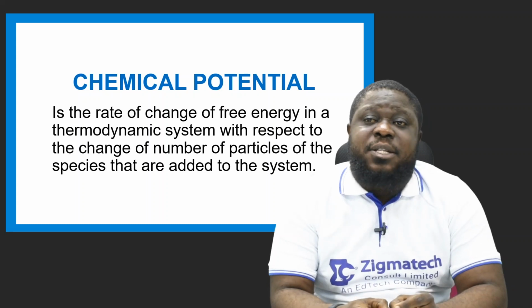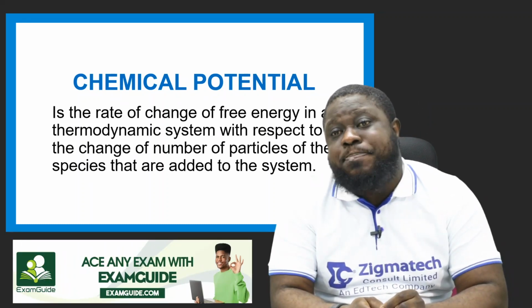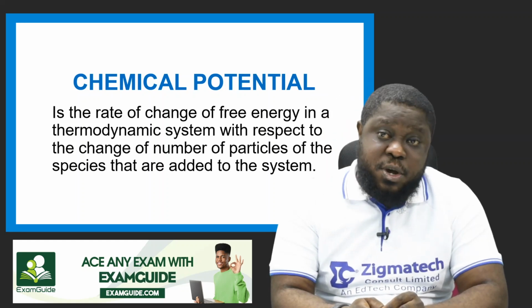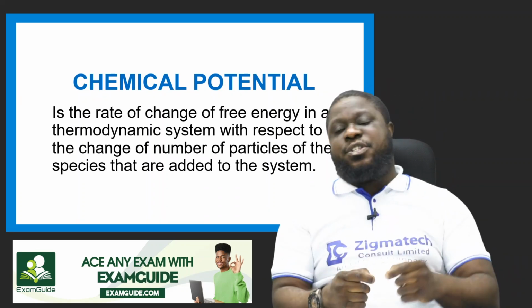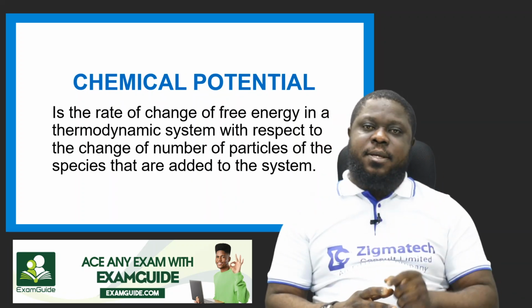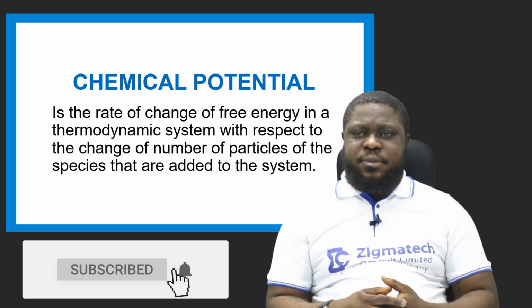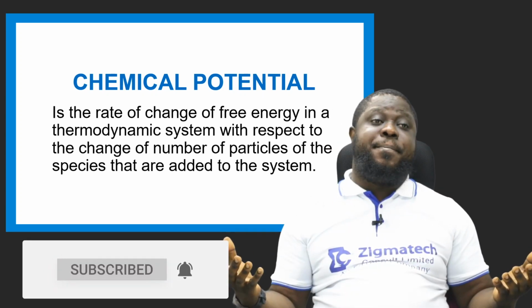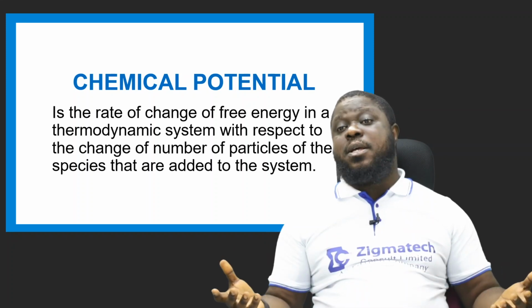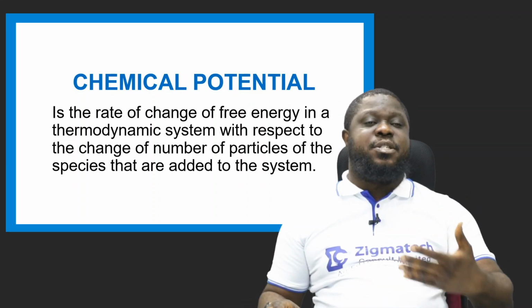They say it is the rate of change of free energy in a thermodynamic system with respect to the change in the number of particles of the species that are added to the system. With the perfume, you spray, it comes out, boom. When it comes out, there's free energy for them, because they move around freely, and the number of particles changes.